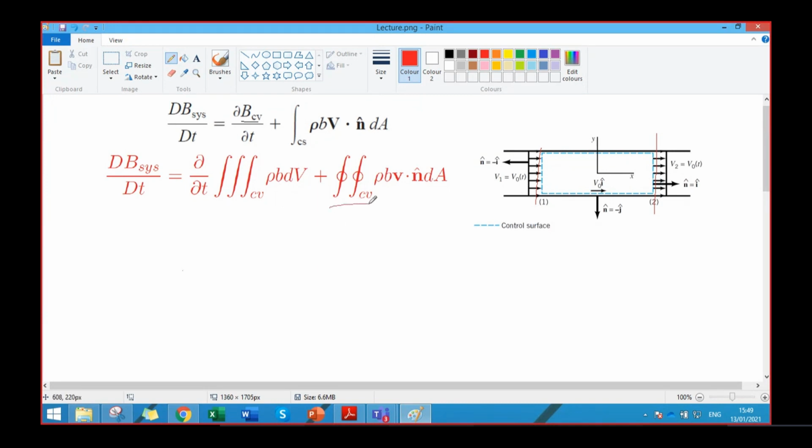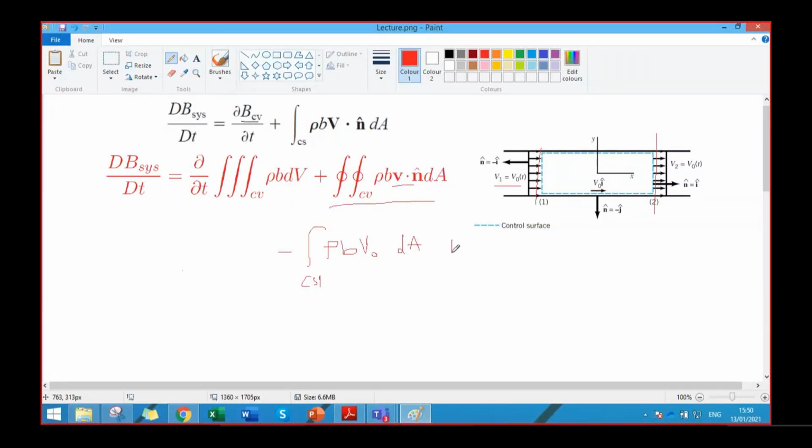So if I talk about this term, for the first part, integral over the control surface of rho b. What is v dot n here for the first part? For the control surface 1, if I call it control surface 1. Sir, minus, less than 0, minus v naught, into dA.